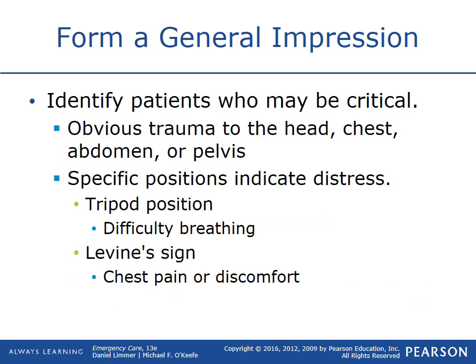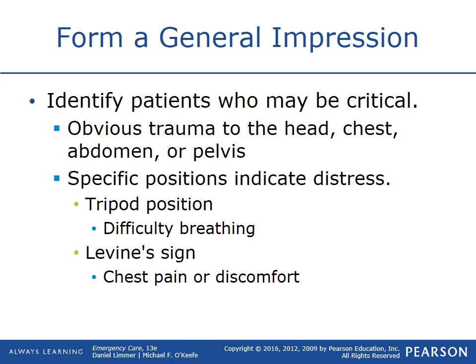And then identify patients who have been critical. Obvious trauma to the head, chest, abdomen, or pelvis. Specific positions that they're sitting in will indicate distress. There's something called the tripod position. If they're having difficulty breathing, they lean forward and put their hands on their knees and try to hold their chest up to breathe in as best as they can.